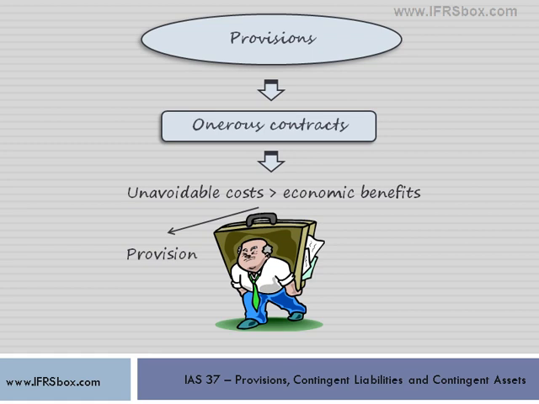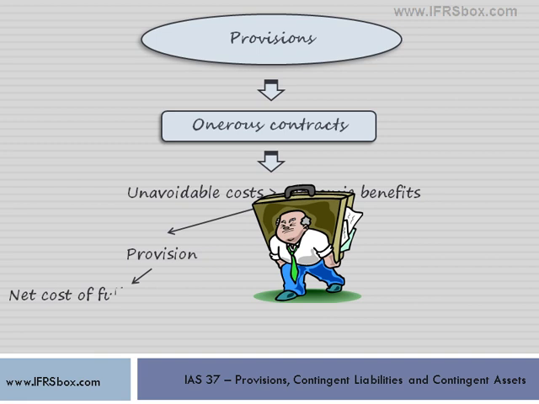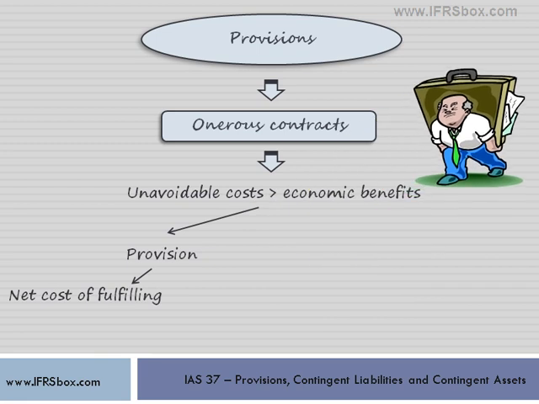Now, unavoidable costs can be either the net cost of fulfilling the contract, which means costs less some income from the contract, or the penalty from not fulfilling the contract, whichever is lower.